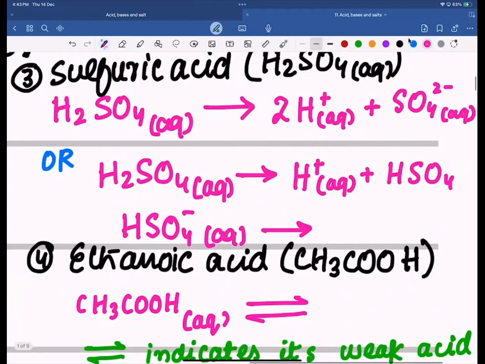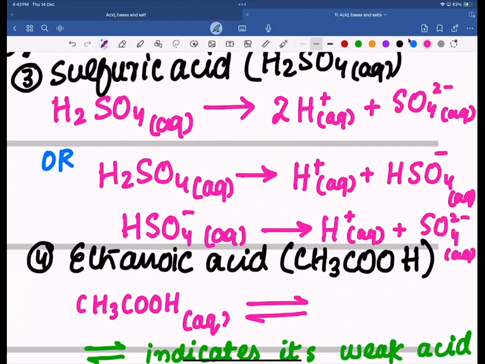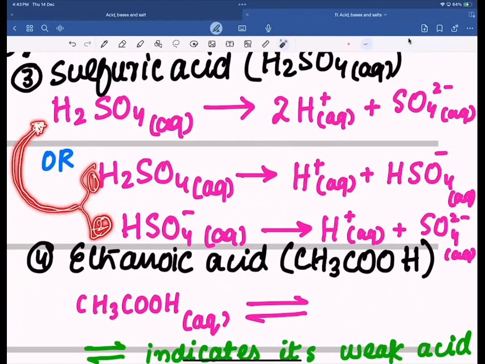So if one hydrogen is released, this one carries only a 1 negative charge, and then it will further dissociate to produce another hydrogen ion, and now it will become SO4 2-, which is a sulfate ion. So the equation which we did earlier is basically the net equation, but in actual, first this happens, then this happens, and we collectively show it like this. Is this understandable?